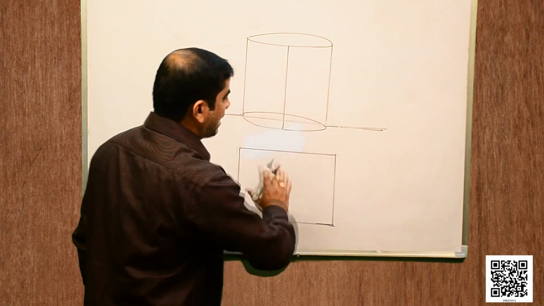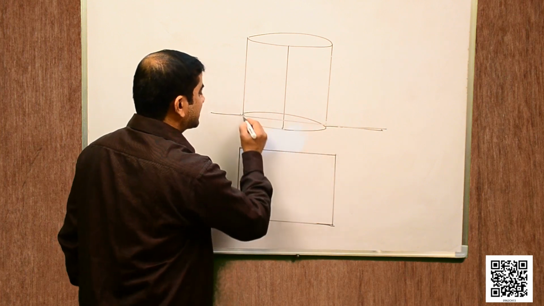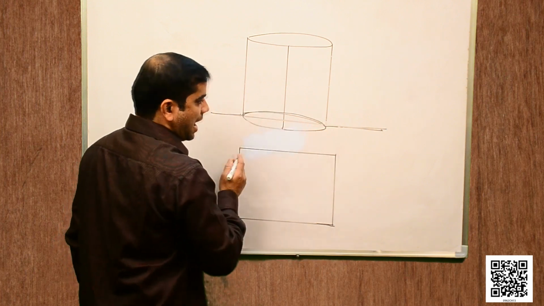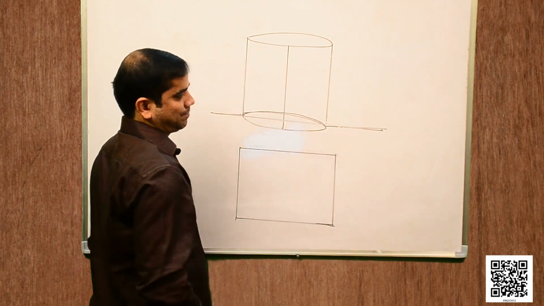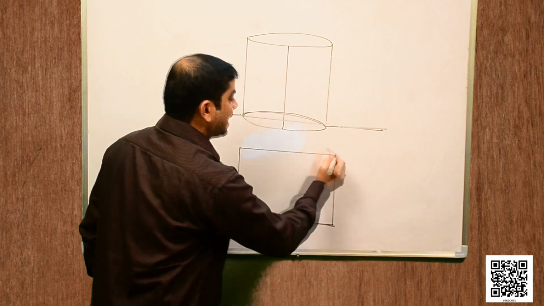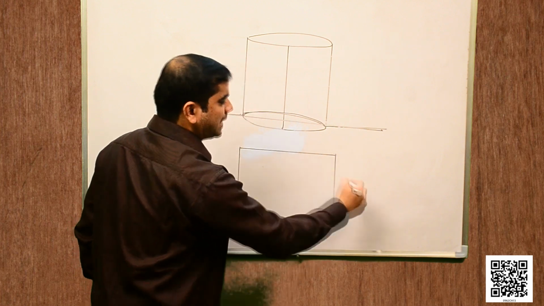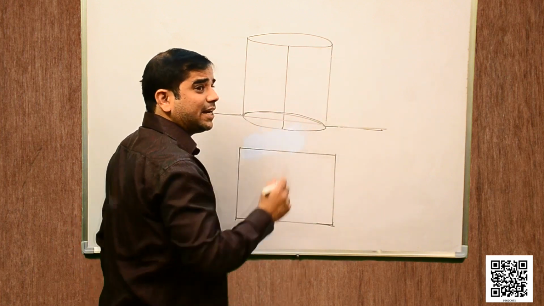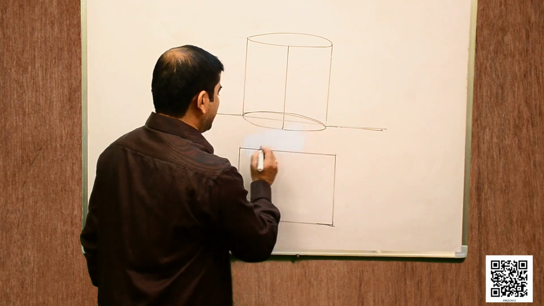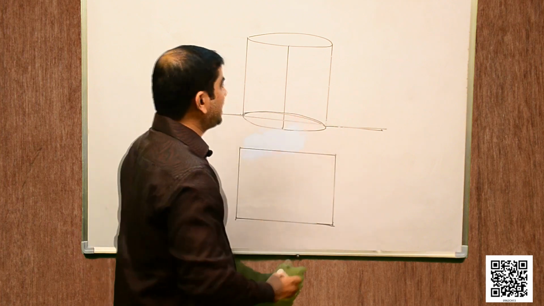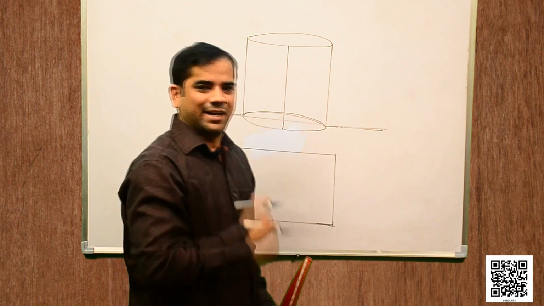The circumference of the circle after opening up becomes the length of the rectangle. And the breadth is nothing but the height of the cylinder.